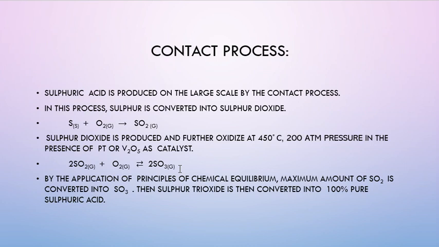If you change any of the conditions, then the reaction medium is able to balance the effect of that change, so that the applied change is not able to disturb the equilibrium state of a chemical reaction, so that one can get a better yield of a reaction.